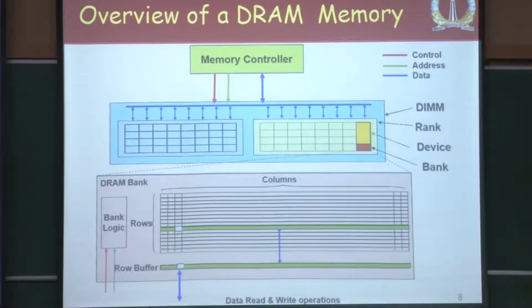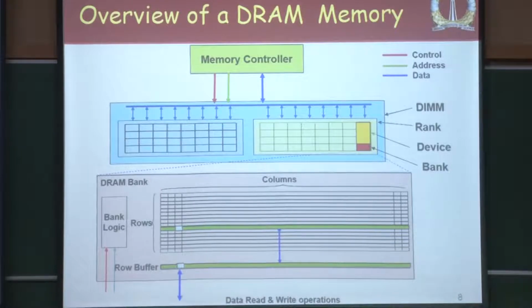This is an important activity in accessing a DRAM. That means that the data that you want to access, the corresponding row, must be present in what is called a row buffer or a sense amp. It is called row buffer or sense amplifier.